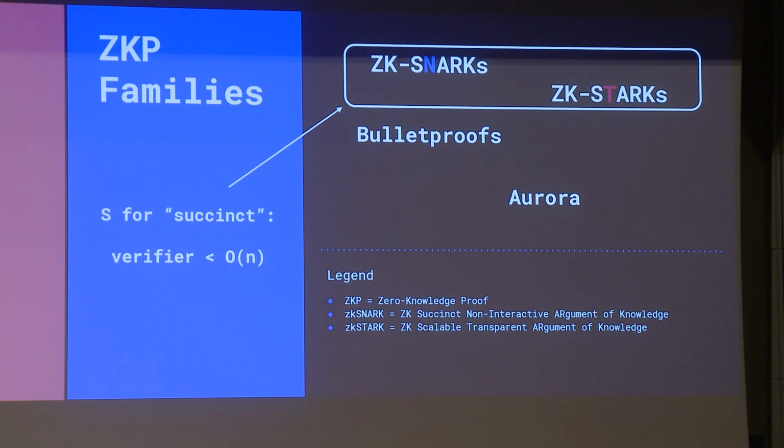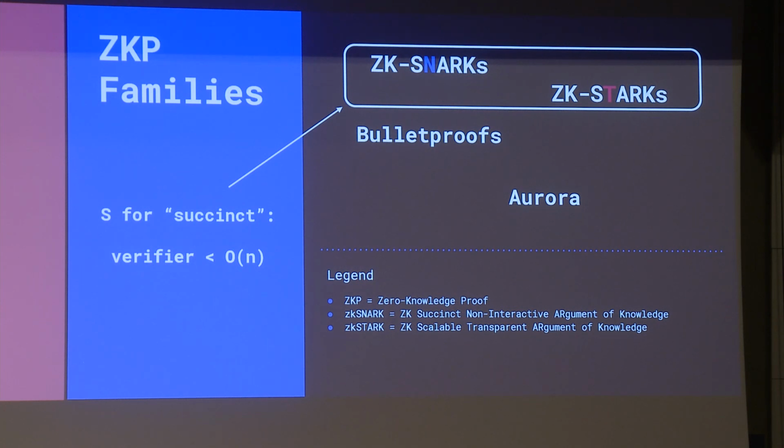It means that the verifier, which is an algorithm which checks the proof and makes sure that it's correct and you made the computations correctly, is strictly less in computational complexity than the number of steps of your computation. And the same applies to the communication complexity, in other terms, to the proof size. The proof size also must be much shorter than the size of the witness for the original proof generation.